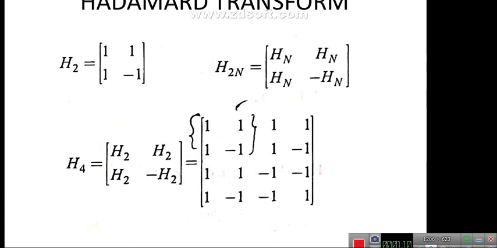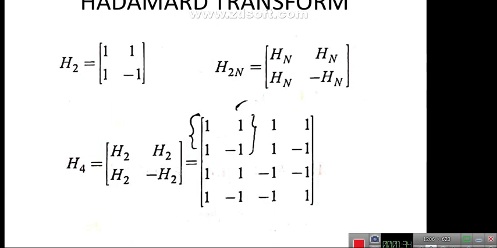This is a 2 cross 2 matrix: 1, 1, 1, minus 1. Just substitute the coefficient values wherever H2 appears. For minus H2, change the sign of all the coefficients and then substitute. So instead of plus 1, we have minus 1, and minus 1 means plus 1. This is the Hadamard transform matrix for H4.